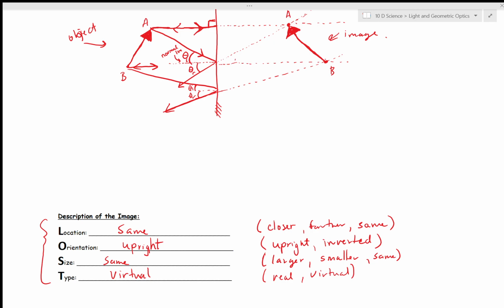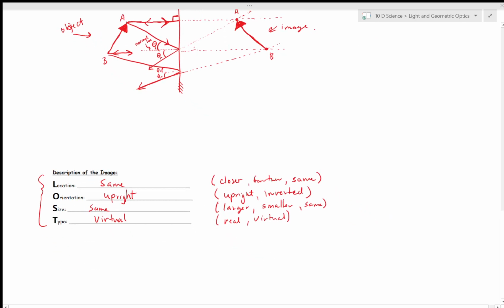Now you should also know, and I'm not particular in terms of how you do this, there is another acronym that does oftentimes come up, and that is SALT. SALT stands for size, attitude, location, and type.